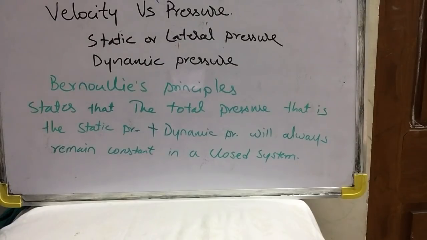This principle was derived by Daniel Bernoulli in 1738 in the book written by him named Hydrodynamics. So if the lateral pressure is decreased, then the dynamic pressure will increase to maintain the total pressure constant.